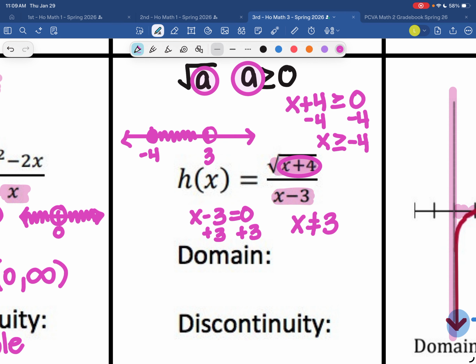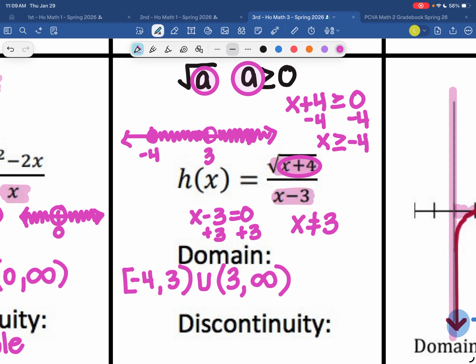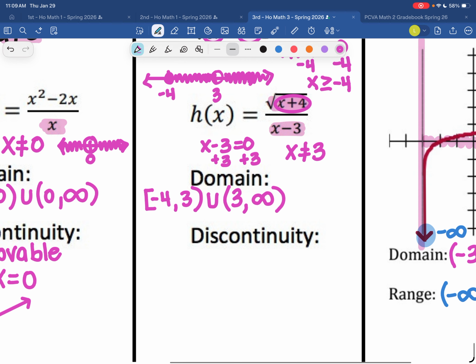So we're going to be able to shade or include everything between negative 4 to 3. Skip 3, and then keep going to positive infinity. So if I state that in my domain, I'm going to say that my domain includes negative 4 to 3, but 3 is not included. Union, and keep going to the right and pick back up on the right side of 3 and go to positive infinity.